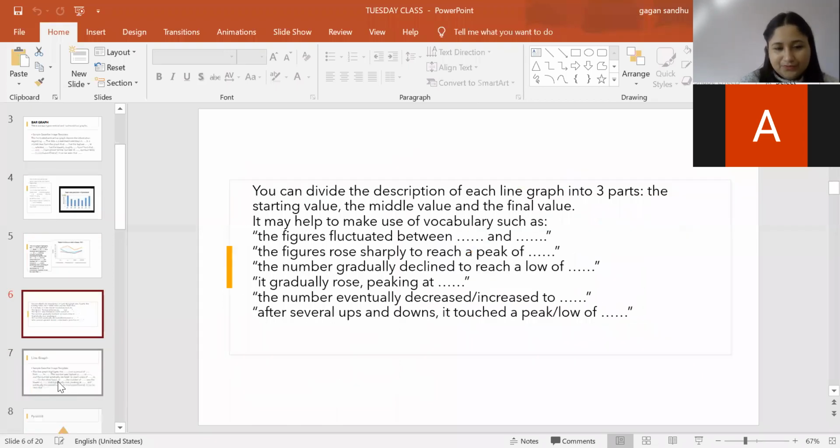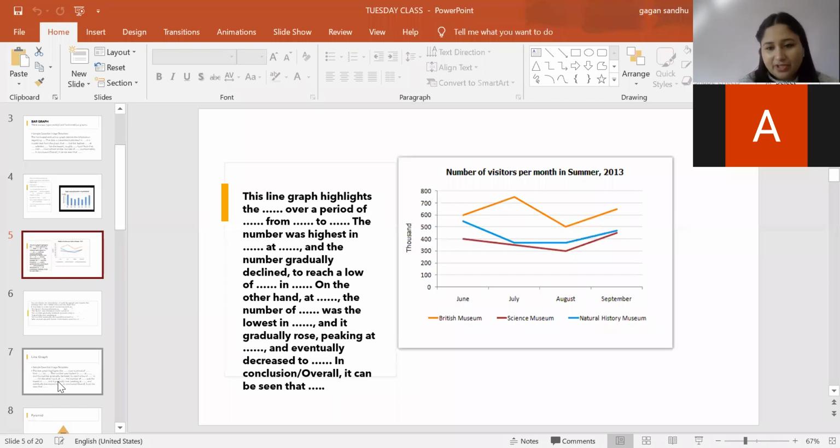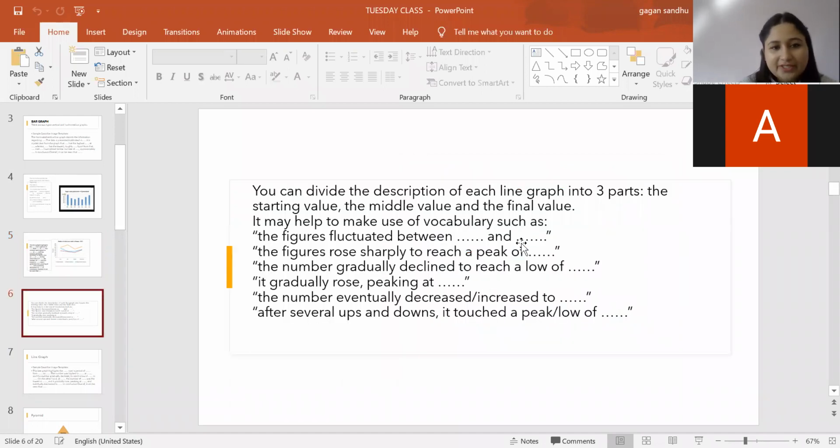So this is a line graph. I'm not giving much description because we are going to the other statistical and non-statistical images. So this is the line graph. It could have 3 lines, 2 lines, 1 line as well, right?